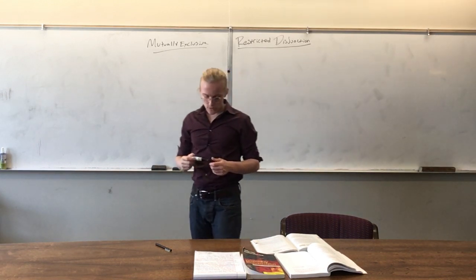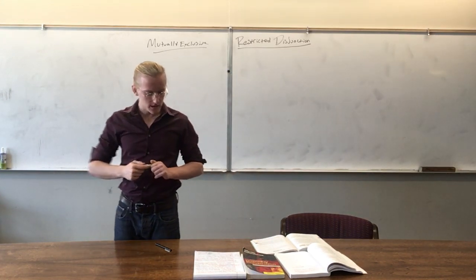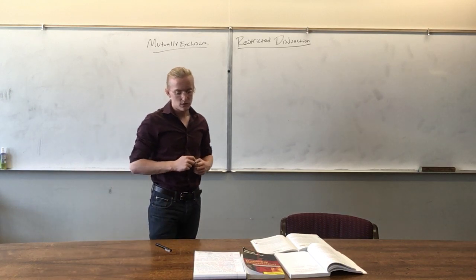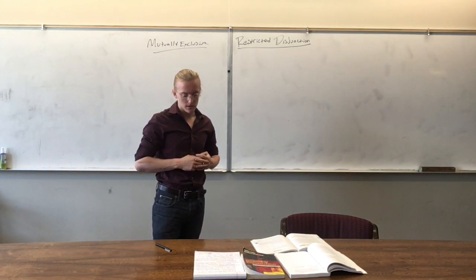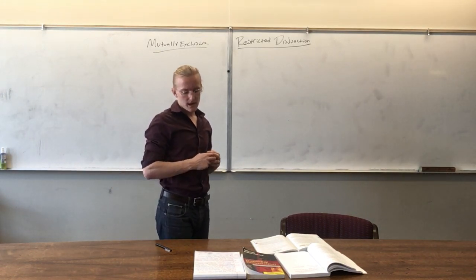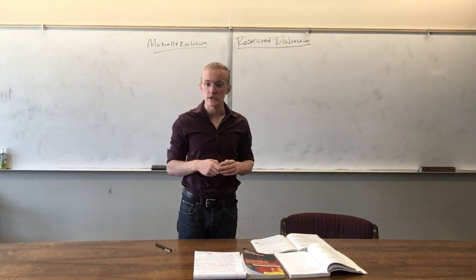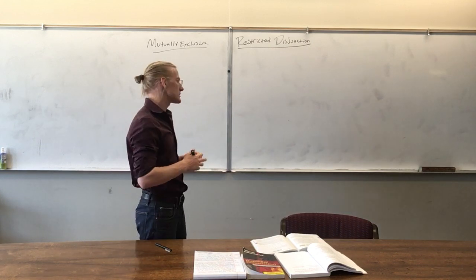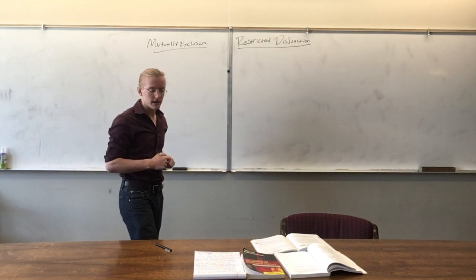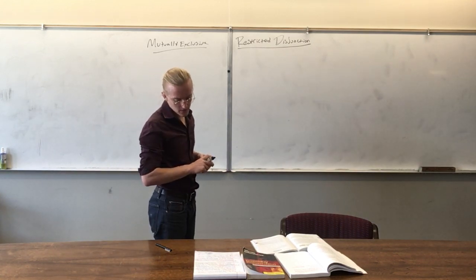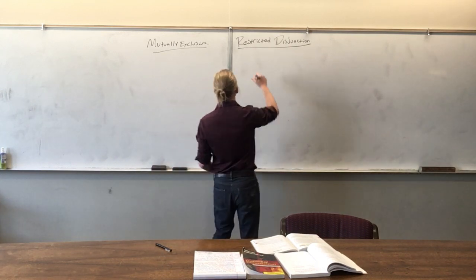Restricted disjunction is used to compute the probability of two events that are mutually exclusive with one another. And the idea is to determine what the probability of each event or which event will occur. What's the probability of either of these events occurring? And our equation looks like this.